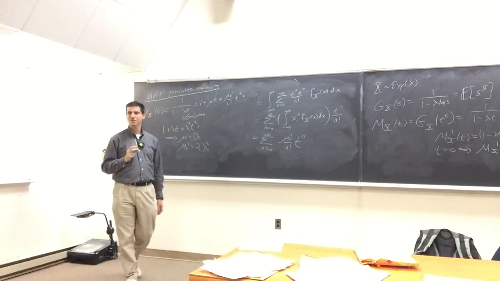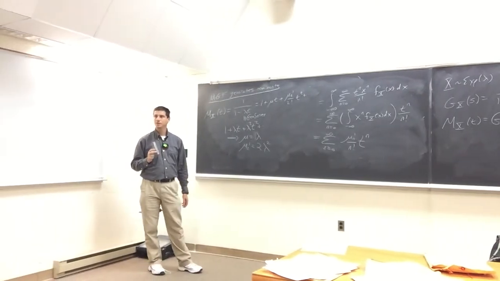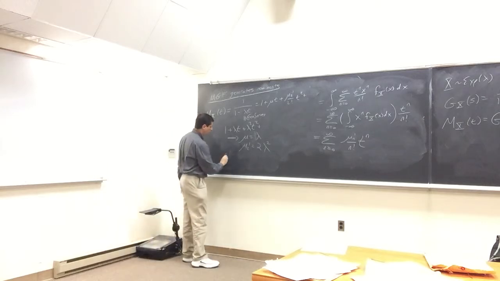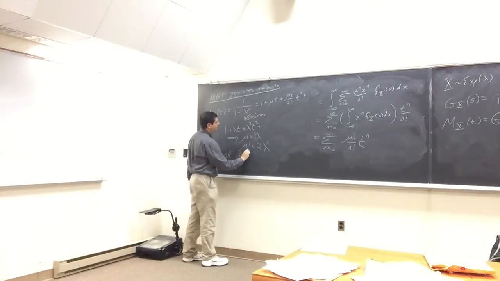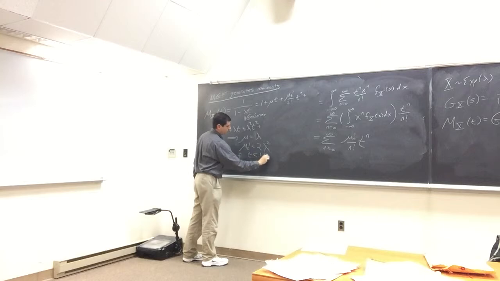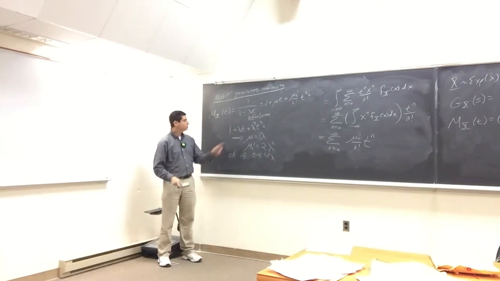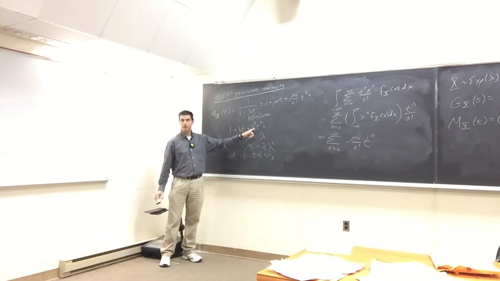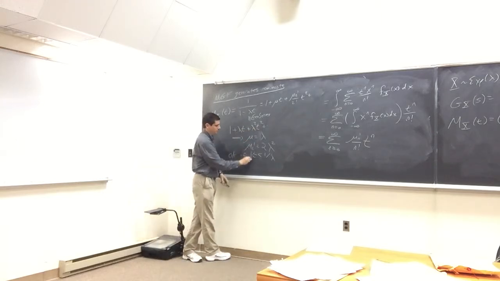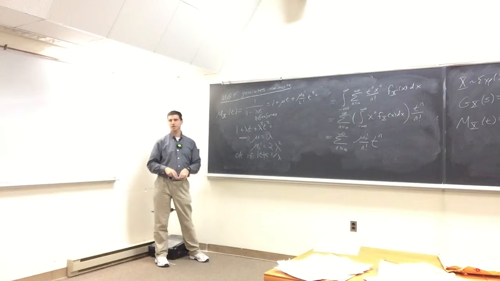Any thoughts? Yeah, so we're going to be okay if t is less than 1 over lambda. Now, if we wanted to use this expansion, we would have to be a little bit careful. We might want the absolute value of t to be less than 1 over lambda. So I'm happy to be a little extra safe.